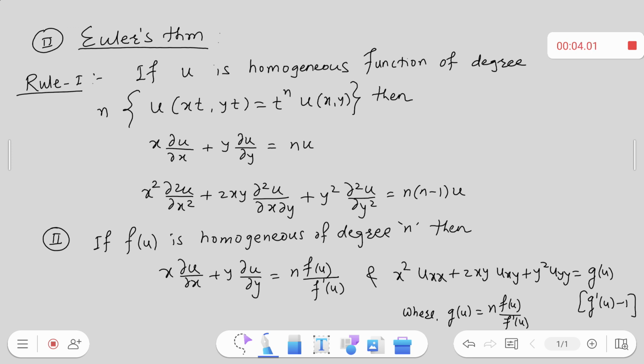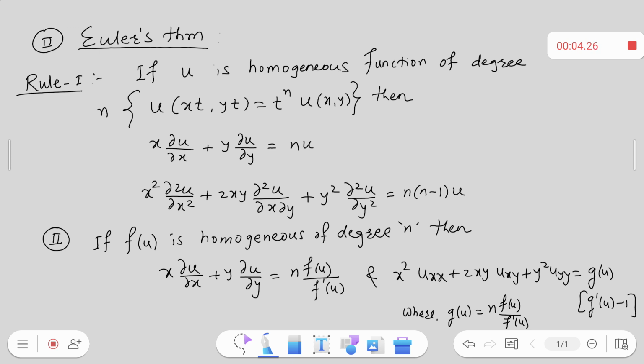So for the second order, we again use f of u, only we introduce the new function g, and we get the second order and first order derivatives by using the function of u itself.